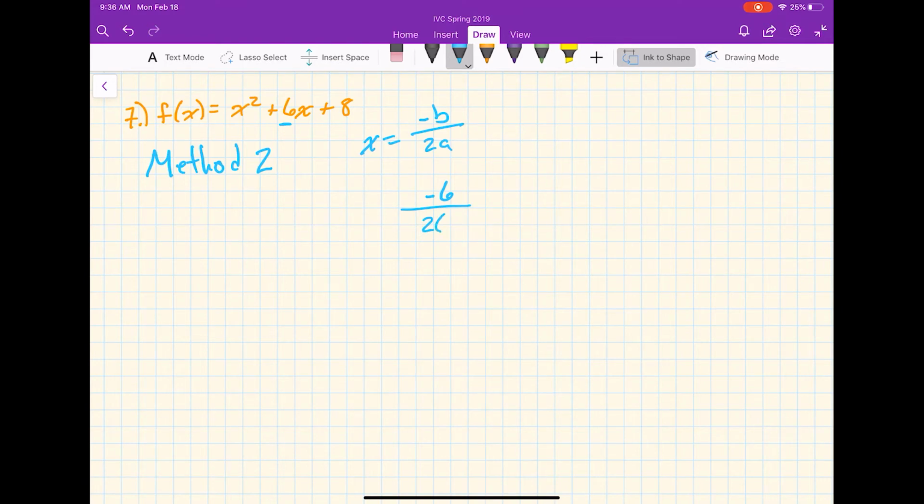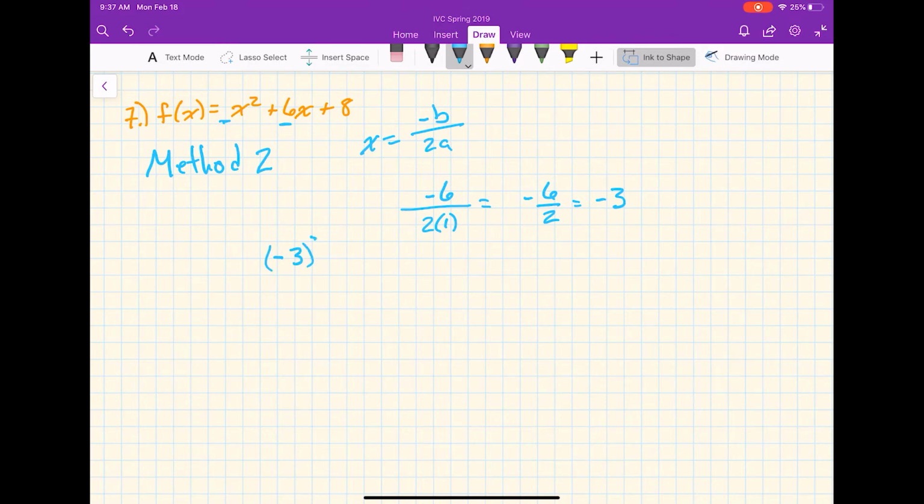So we'll just make that a negative 6 because it's supposed to be negative b over 2 times, and our a is 1 because there's nothing out in front there, so it's 2 times 1. So we get negative 6 over 2, which is negative 3. That is the x portion of the ordered pair for our vertex.